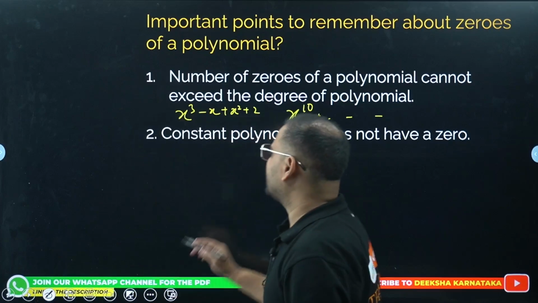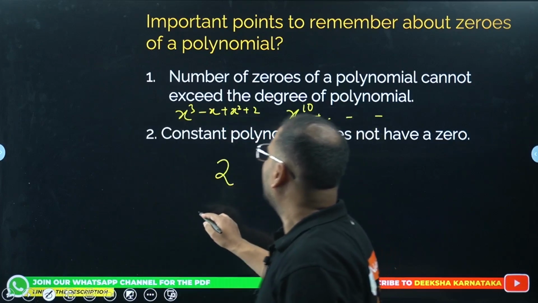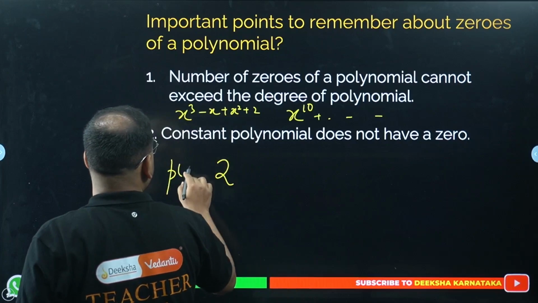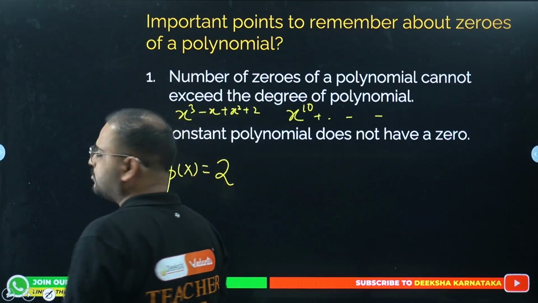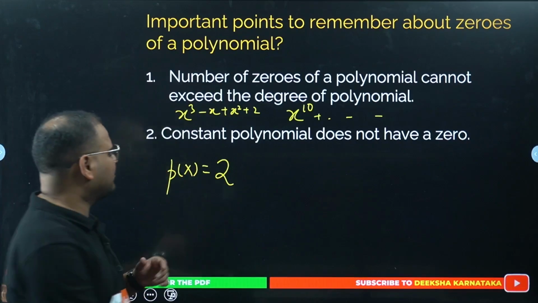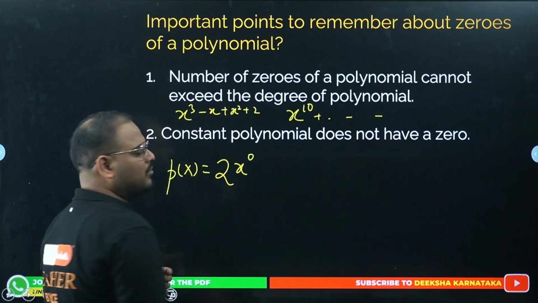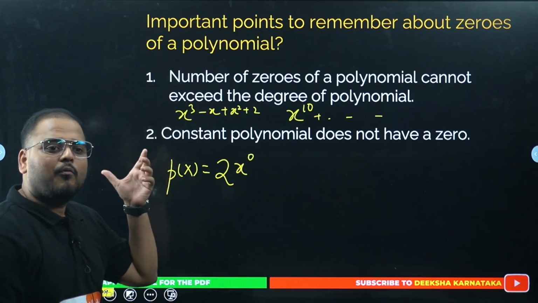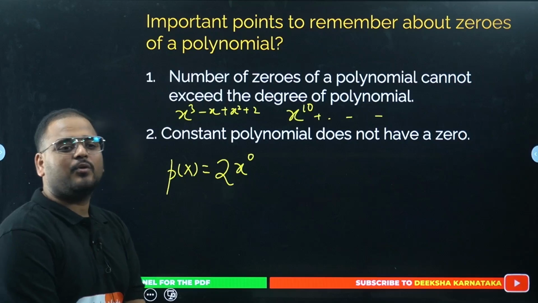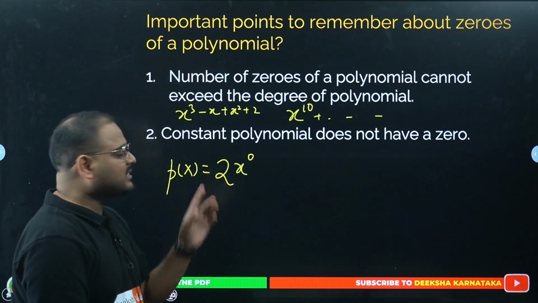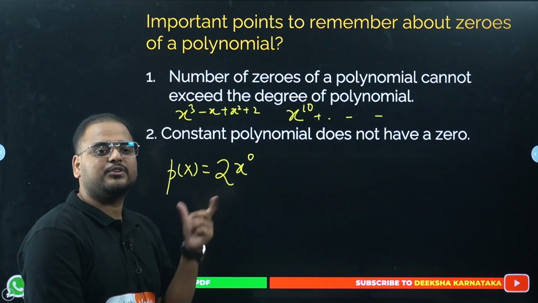Makes sense? Write a constant polynomial 2. Write p(x) equals to 2. So I can write it here as 2 times x power 0, no? Okay, for what value of x will this be 0? Tell me. What can you replace x with to make this expression 0?